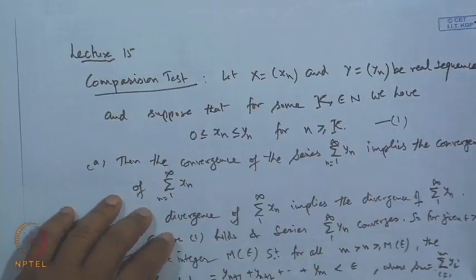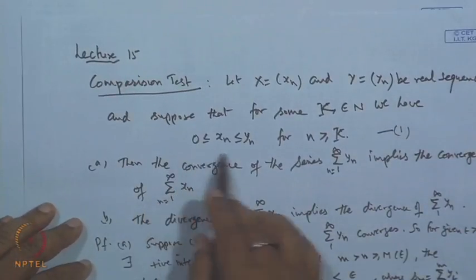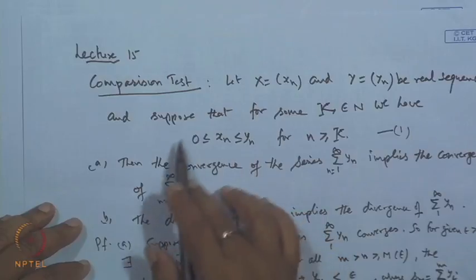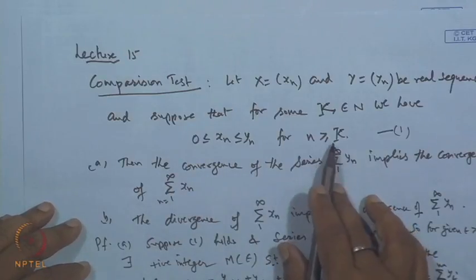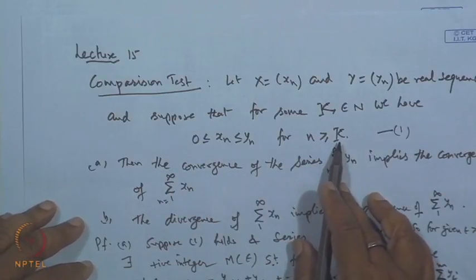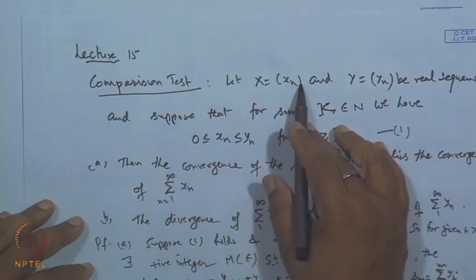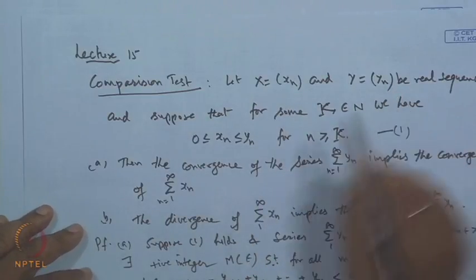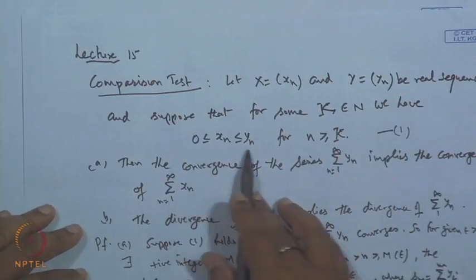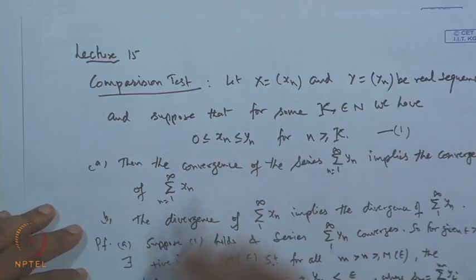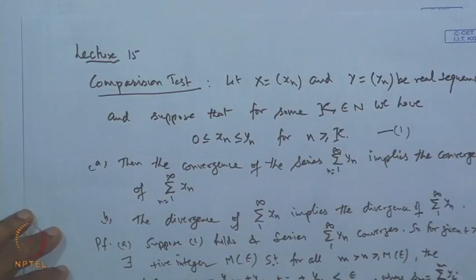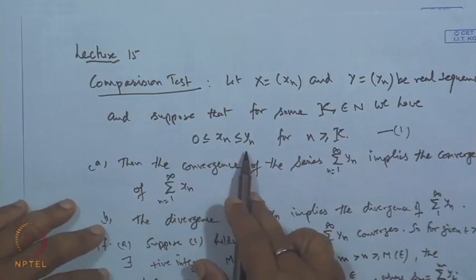Here, because it is very difficult to get this identity, which is valid for all n after a certain stage. It is very difficult for two arbitrary sequences x_n and y_n. So, it is not possible always to get such an inequality. Therefore, this comparison test may not be very helpful unless you know this inequality.